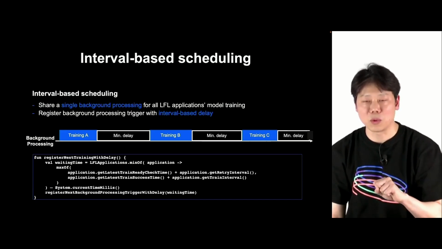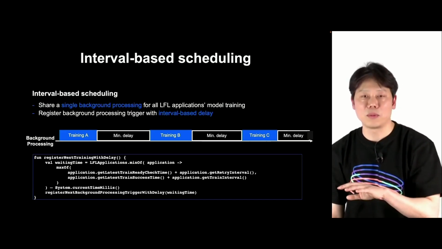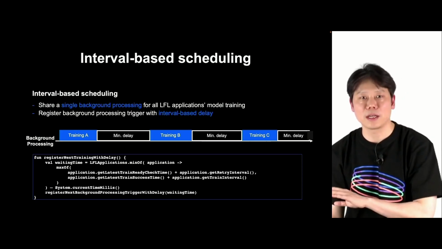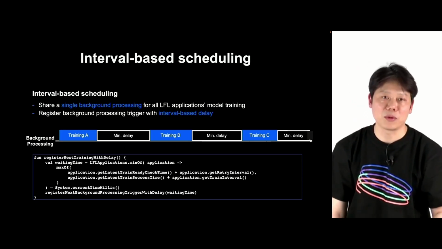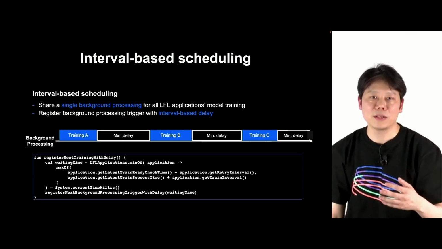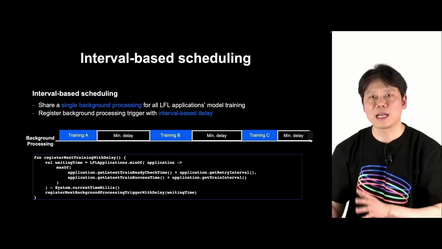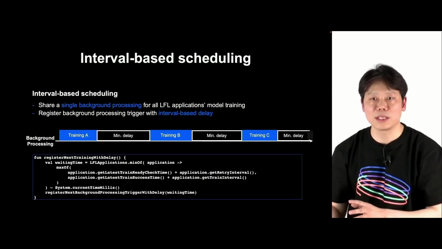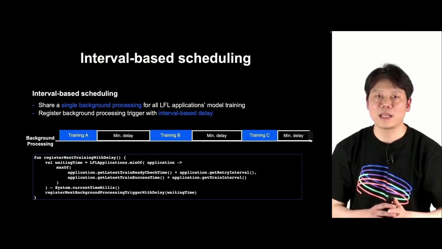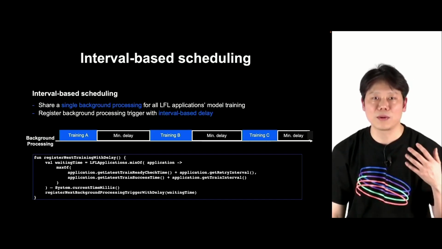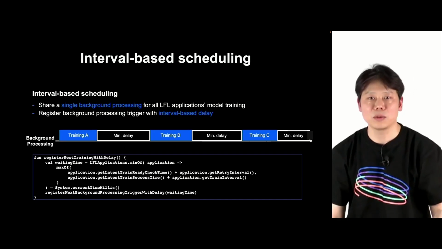In a single session, we choose the application that satisfies the interval conditions to conduct model training, and the system calculates the shortest time for interval conditions to be met and uses that as the delay time required before the next task.